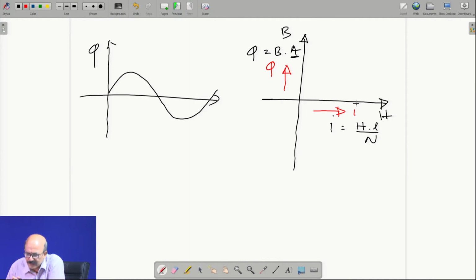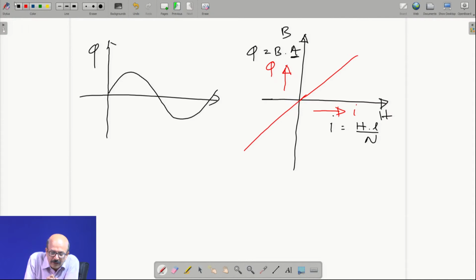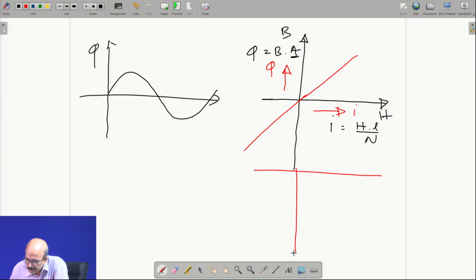Okay. And if I assume my phi-I characteristic to be linear, then if flux is a sine wave, suppose this side is current and this side is omega t, and this side is flux and this side is omega t.